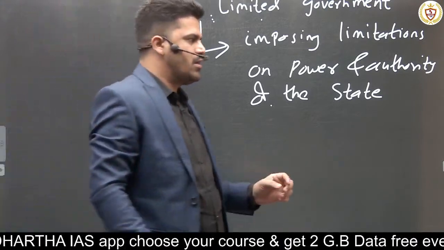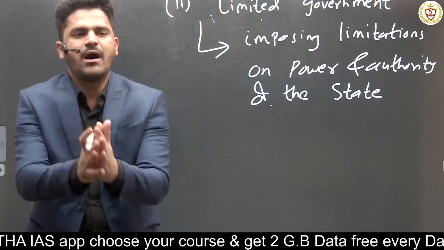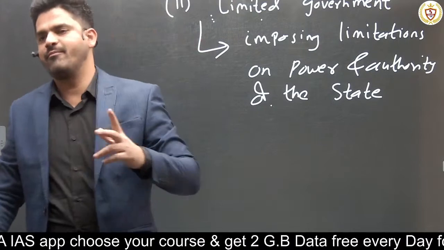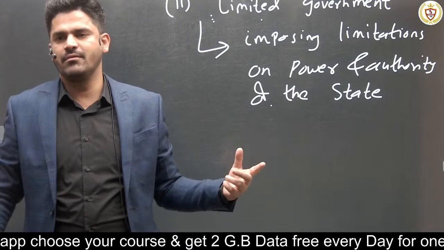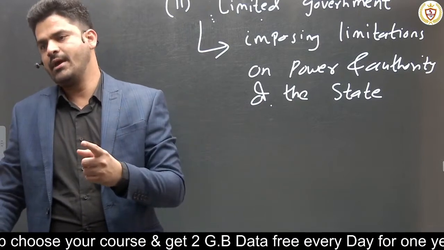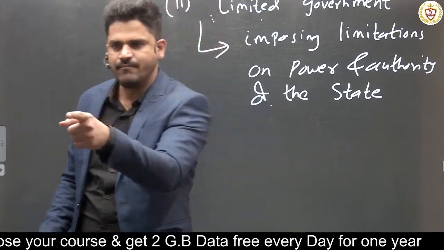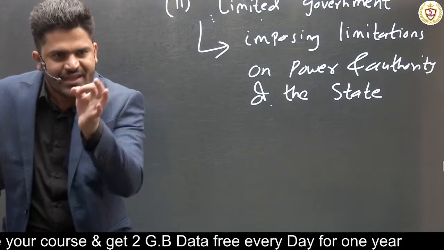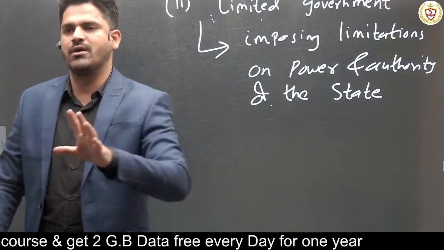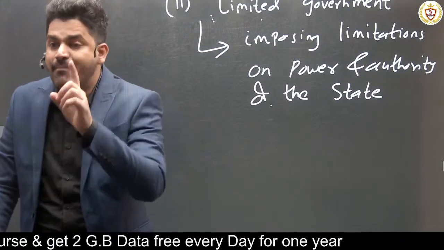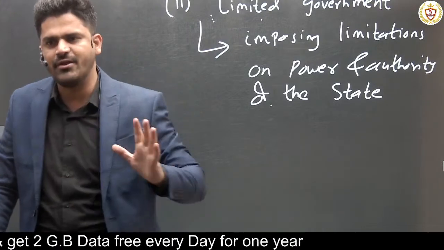Now tell me why it is very important to ensure limitations on the power of the government or the state. Why is it important? Because Lord Acton once famously said, power corrupts and absolute power corrupts absolutely. So the government has power, so there is a high possibility that those who are in power, those who are part of the government, might use their power and authority in an arbitrary and whimsical manner.